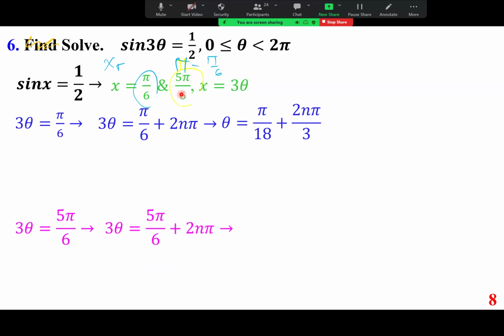By the way, class, 2n pi or 2k pi, those are integers. Divide by 3, you get 5 pi over 18 here and 2n pi over 3. And so the way it works when you're dealing with sinusoidal functions, n goes from 0 to 2, so subtract 1 from that. So n is 0, 1, 2. N is 0, 1, 2 in both cases. For example, if I plug in 0, I get pi over 18.